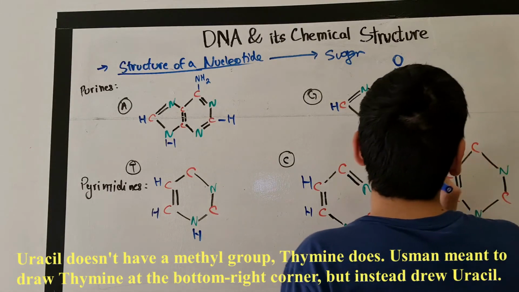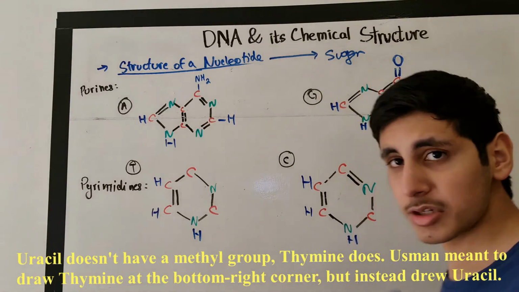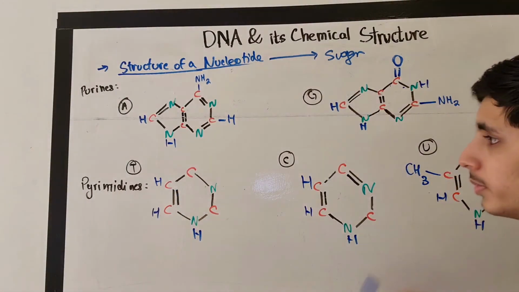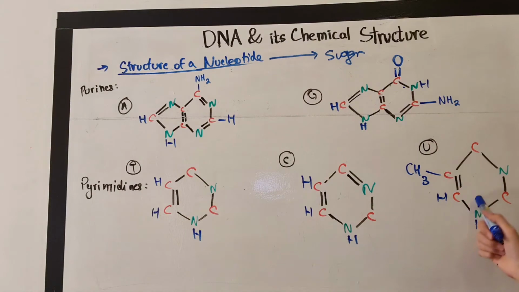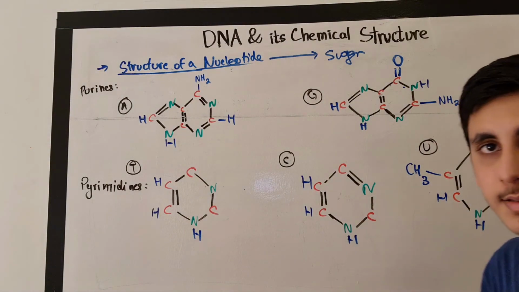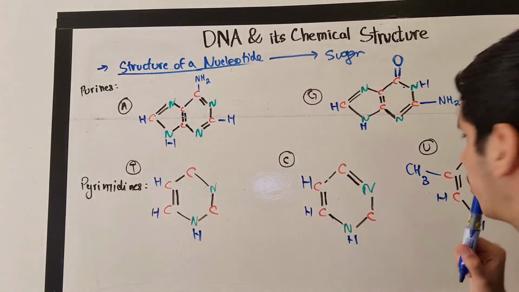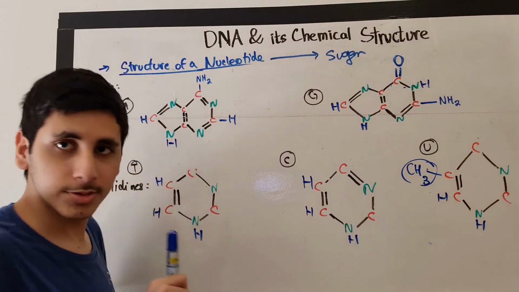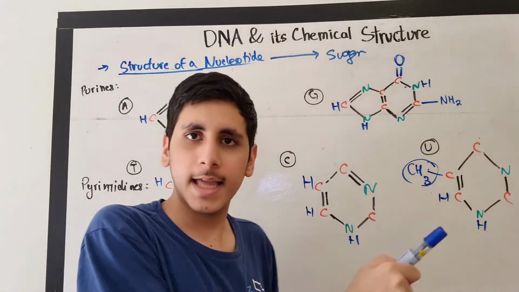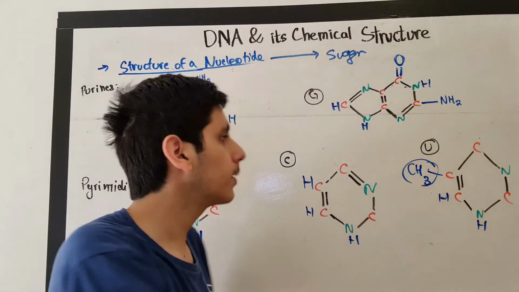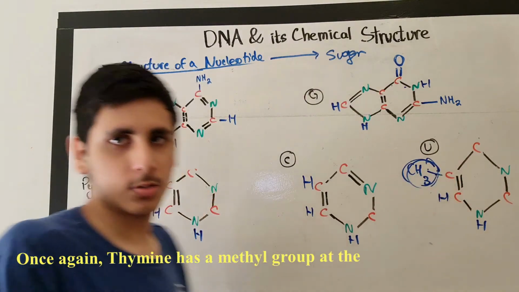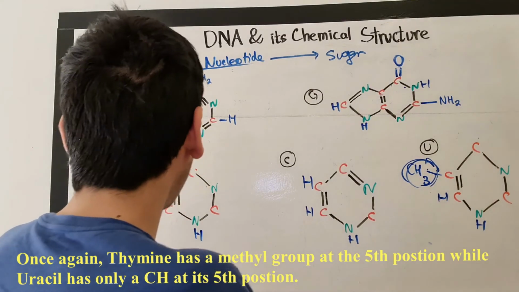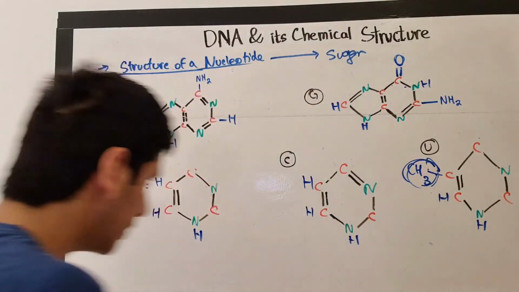And remember, that is the only difference between thymine and uracil. It's the CH3, the methyl group. So the only difference between thymine and uracil is that thymine has a methyl group at the 5th position, while uracil doesn't. It has a hydrogen. That's the only difference. The rest is the same for thymine and uracil. Cytosine has all the differences from the other two.